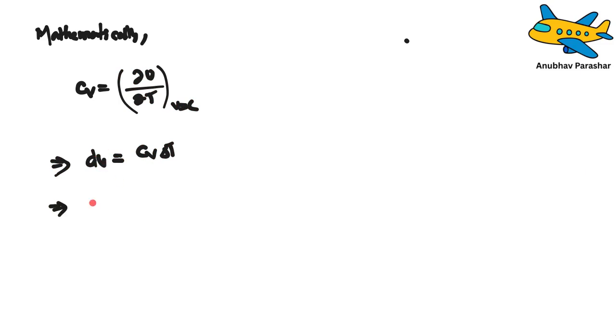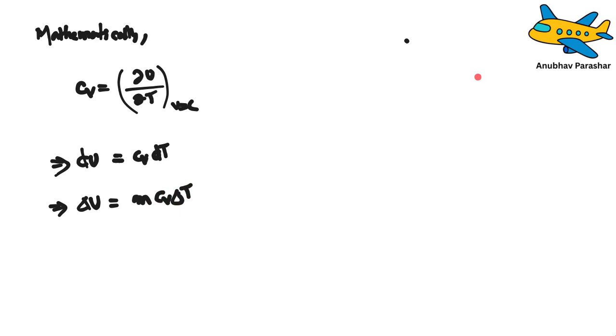And if you're considering it to be delta U, write it this way so that the handwriting is clear. Change in internal energy is equal to Cv dT, or we can say delta U is equal to mCv delta T. So always remember the change, whatever the process might be.